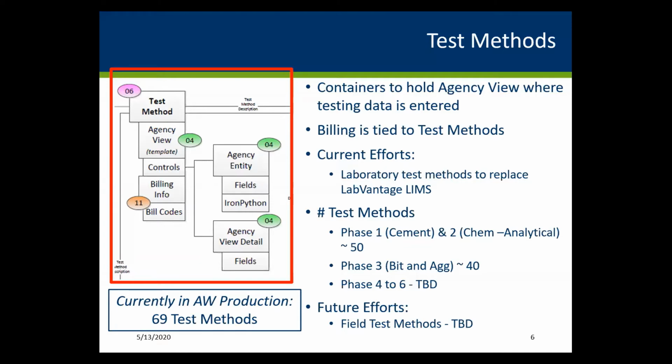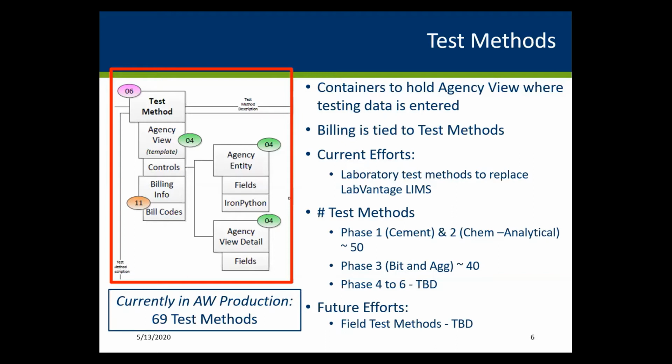Current efforts, Karen's talked about this, the group's kind of alluded to it. We've been focusing our efforts on the laboratory test methods to replace Lab Vantage LIMS. Scope, the number of test methods in phase 1 and 2, there were approximately 50. They're anticipating, I think they said 39 yesterday, approximately 40 more agency views.